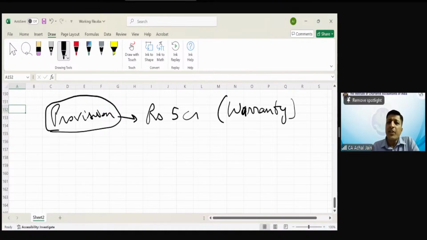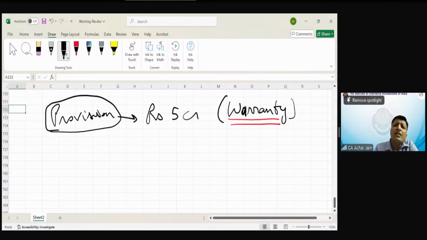The basis of creation of this provision is the terms which are there with the customers on the basis of the sales agreements. Further, in terms of this provision, the auditor needs to evaluate certain aspects in terms of the working.